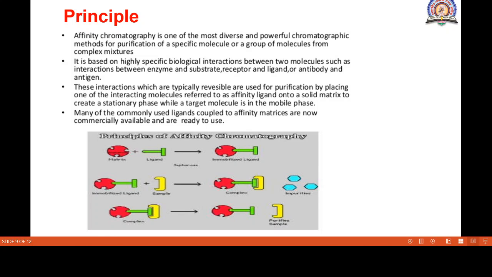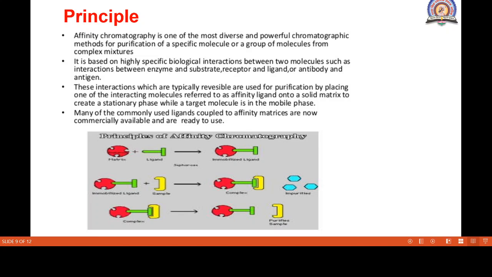These interactions, which are typically reversible, are used for the purification by placing one of the interacting molecules, referred to as an affinity ligand, onto a solid matrix to create a stationary phase while a target molecule is in the mobile phase.